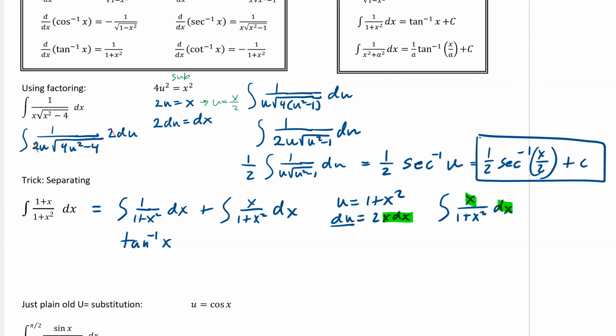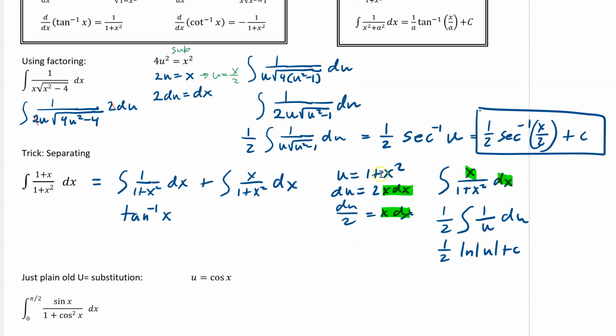So let's rewrite it. Du over 2 equals x dx. Okay, and so now that is going to become du over 2. So we end up with 1/2 integral 1 over u du, and we know that the 1 plus x squared is u. And now we could just say that that's the natural log of u plus c.